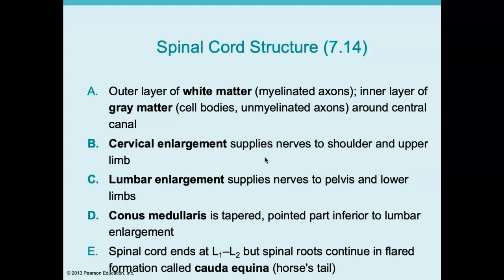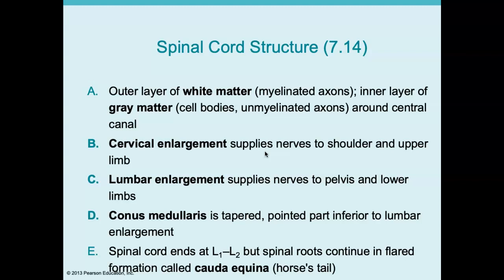So the spinal cord structure, remember it's got the meninges surrounding it, just the way the brain does. Now the spinal cord has an outer layer of white matter. Remember, those are myelinated axons, and an inner layer of gray matter in the shape of a butterfly. And gray matter is cell bodies and unmyelinated axons.